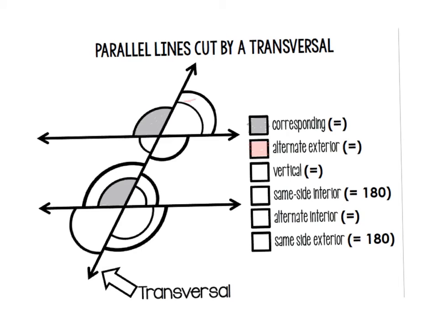So this angle is alternate exterior. They form different pairs with different ones. That's why there are like 2 angles. It's going to form another pair with another one. So there's alternate exterior: alternate, on the other side of the transversal, but also exterior.